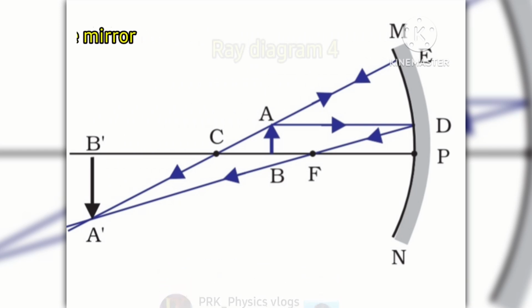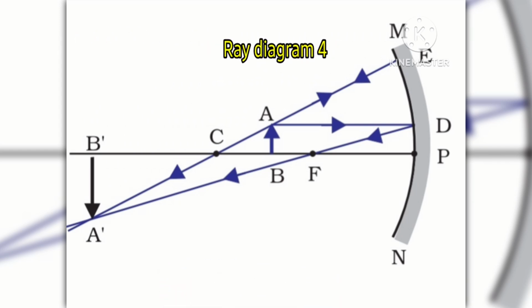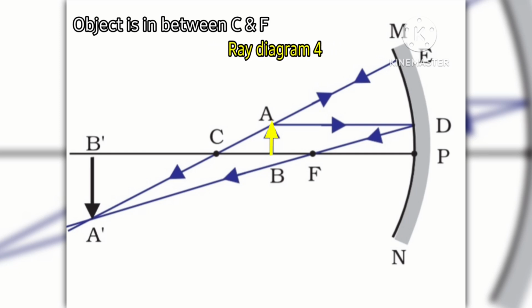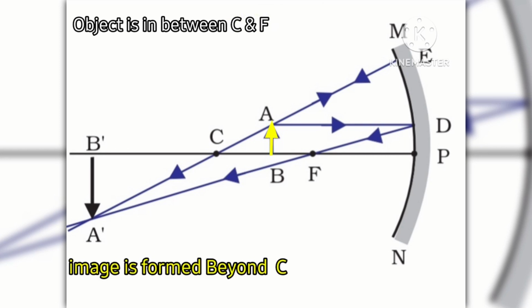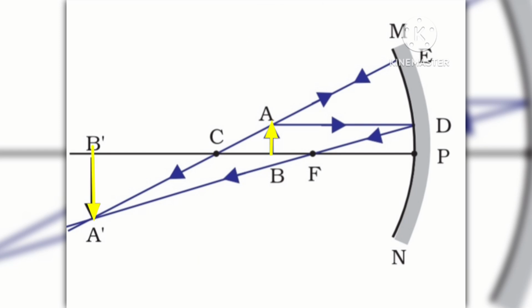Image formation by the concave mirror. In that, ray diagram number 4. That is, object is in between C and F. If an object is in between C and F, image is formed beyond the center of curvature. So, to get the image of an object A, we need to consider two rays from point A. One ray is parallel to principal axis.